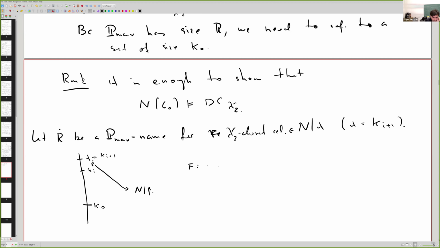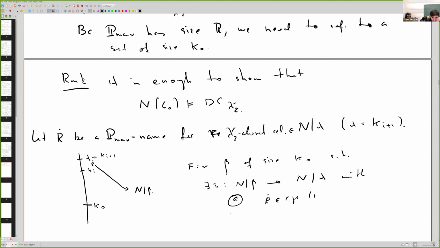Okay, we can collapse it down here somewhere to N up to beta. So fix beta of size kappa 0 such that the range of pi contains the name of R, and N up to beta is closed under R. So you take the relation, you reflect it down to a place where we are closed under R sequences.